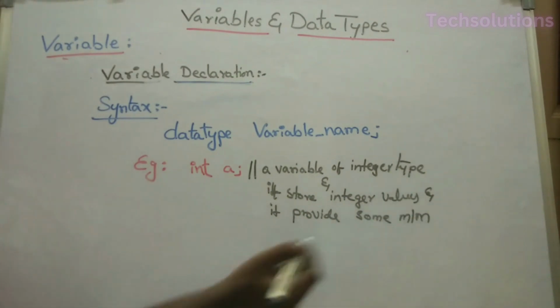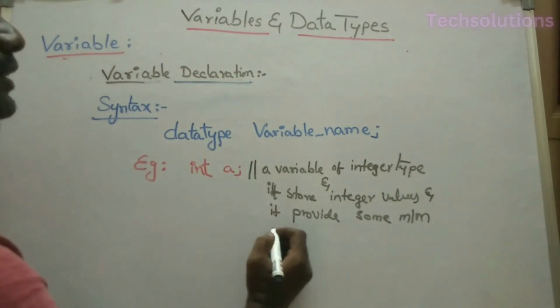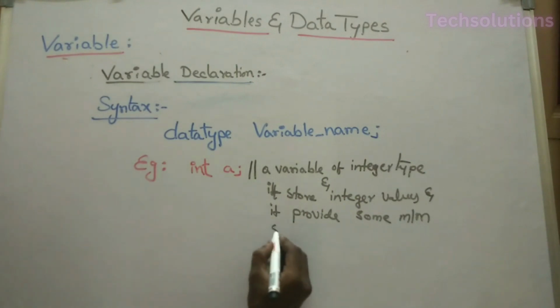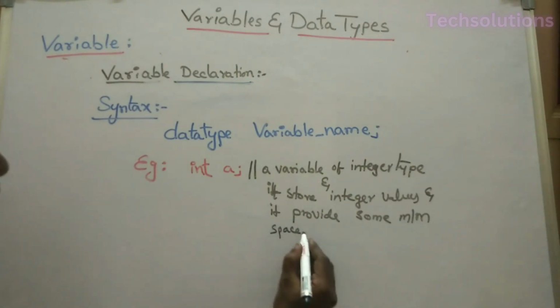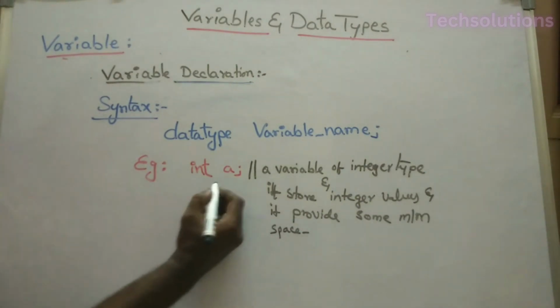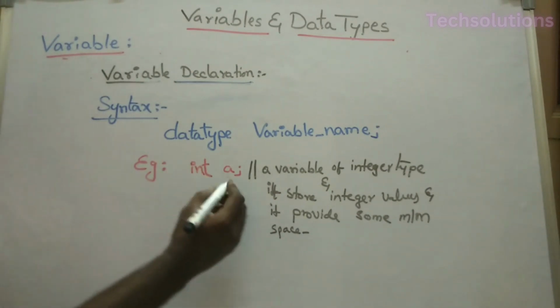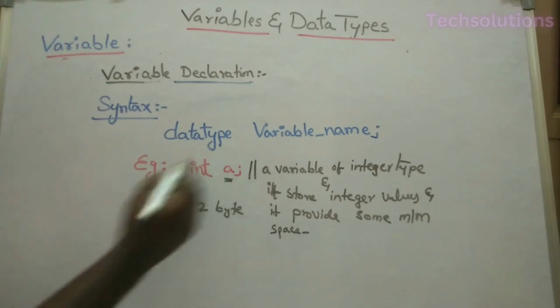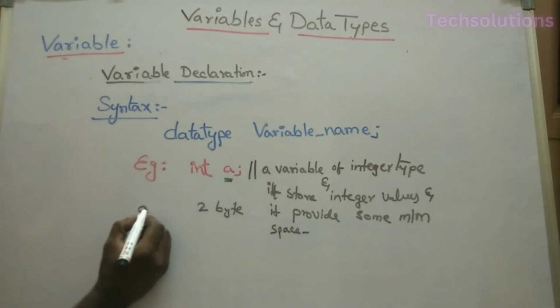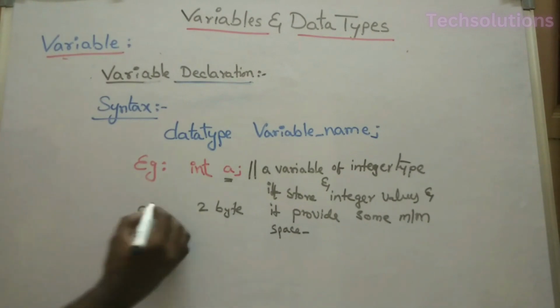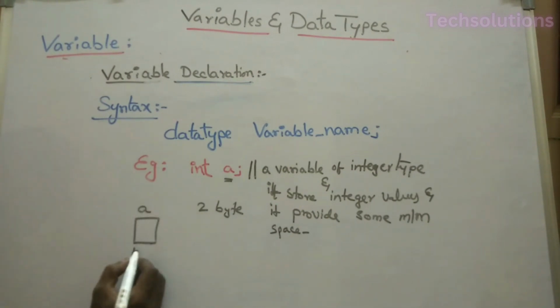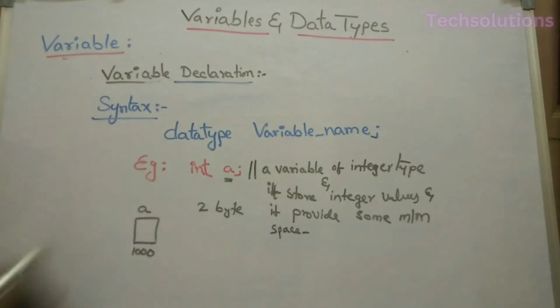How much space will be provided depends on the data type. For example, if it is an integer, it will provide 2 bytes of space for the particular variable a. Here a is the variable name, and this is the memory space provided for the particular variable. Suppose the address location is 1000. That is the meaning of the declaration syntax.